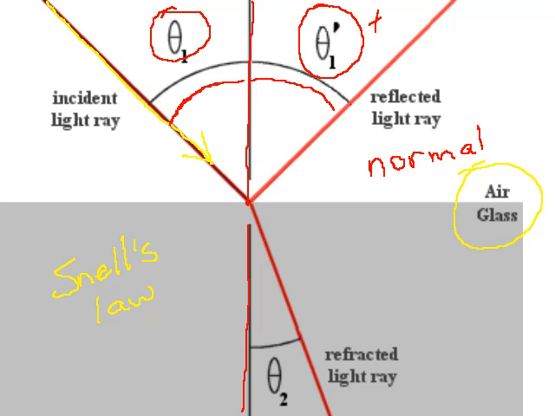It's the Greek letter theta, the same as the other one, with a prime, an apostrophe, above it. So the angle of the incident ray is equal to the angle of the reflected ray. The angle of incidence equals the angle of reflection. That's Snell's law.